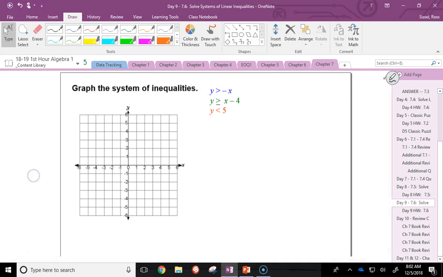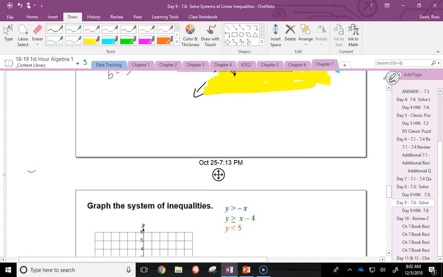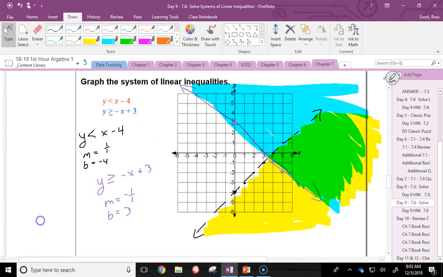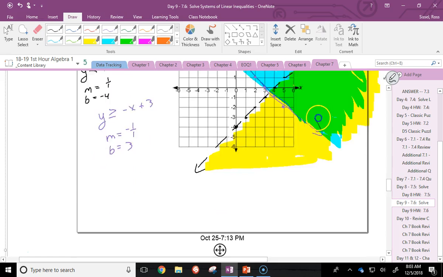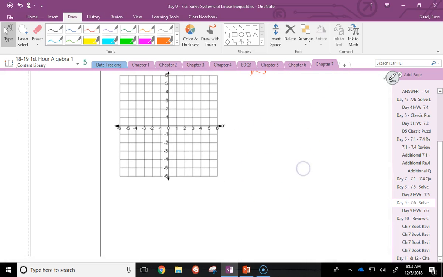Now, before I get to this one, when's the time you might have no solution? I don't think we did an example, I don't remember. Connor? Yeah, if the lines are parallel and they go opposite directions in what we're shading. I'm just going to do it on this graph real fast.